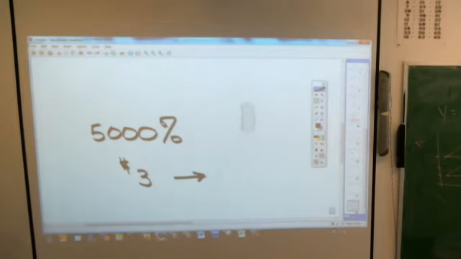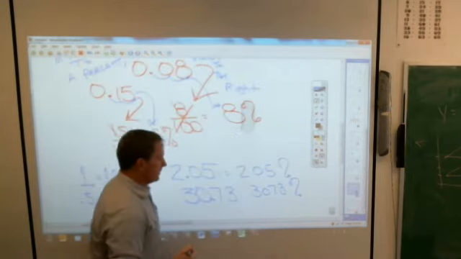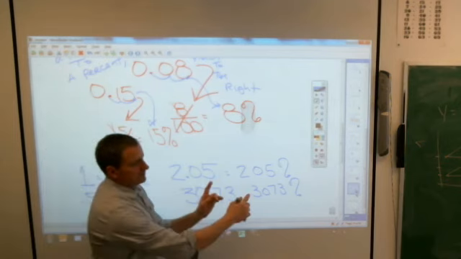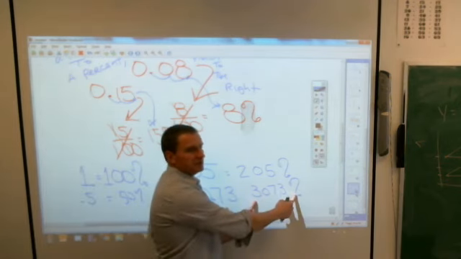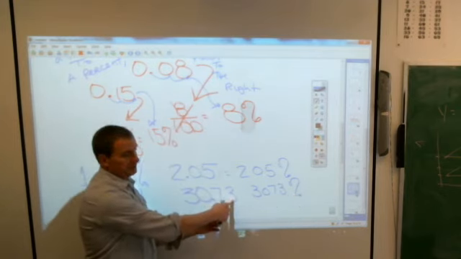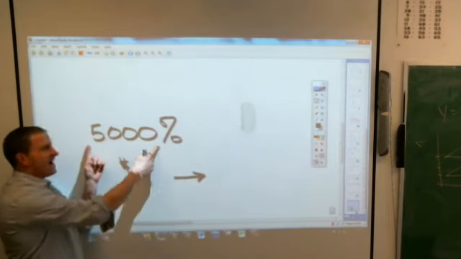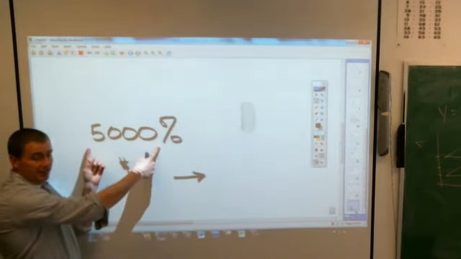What would be your thoughts? Now, here's where Madison's got to think. What was 3,073% as a real number? 30.73. So if it was 5,000%, what would that be as a real number?